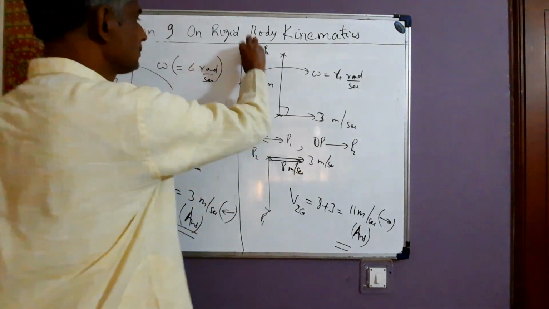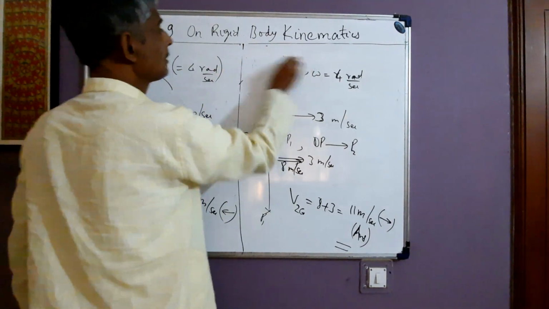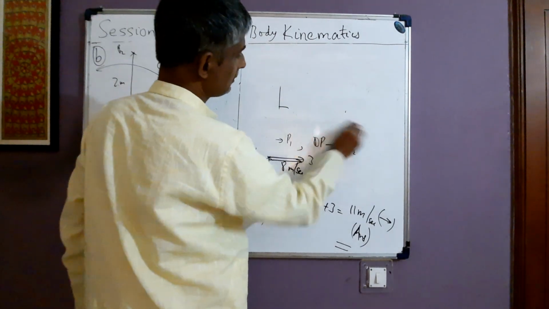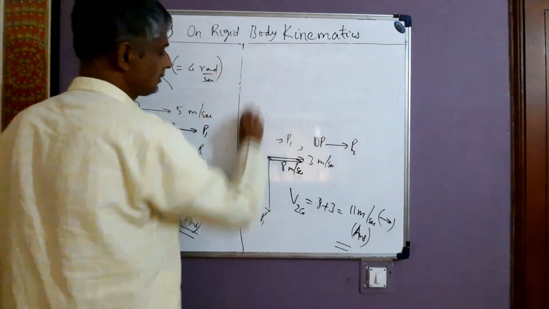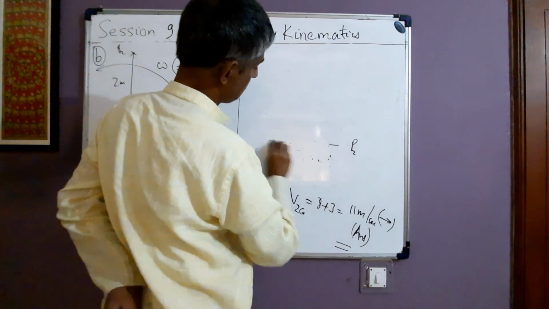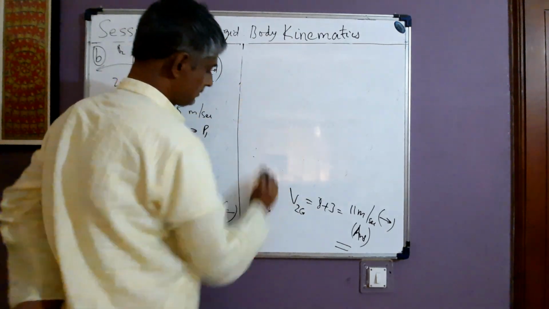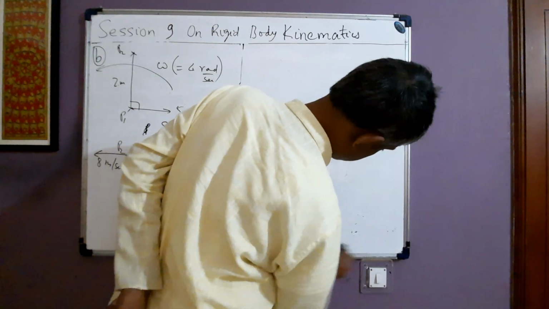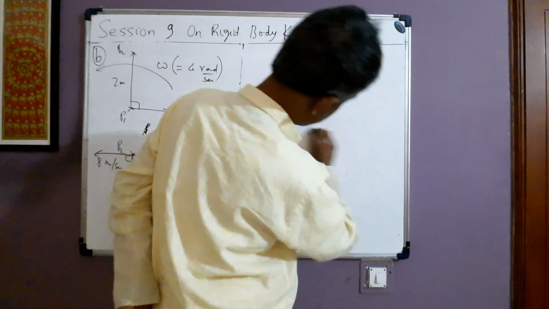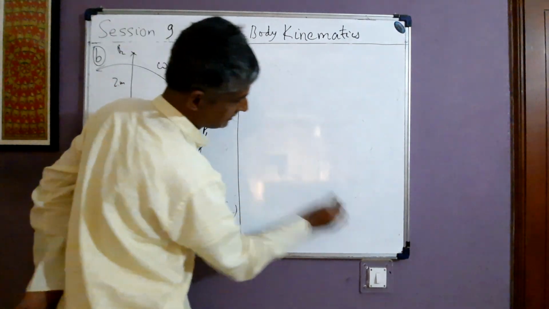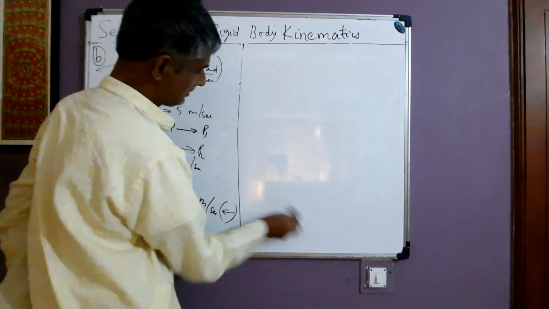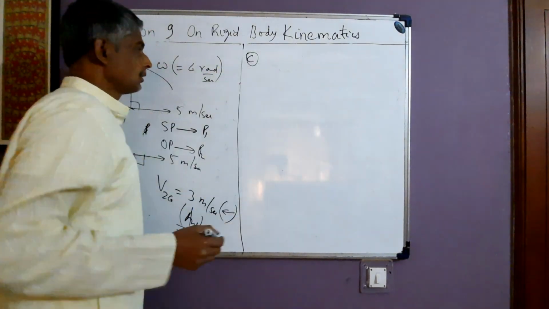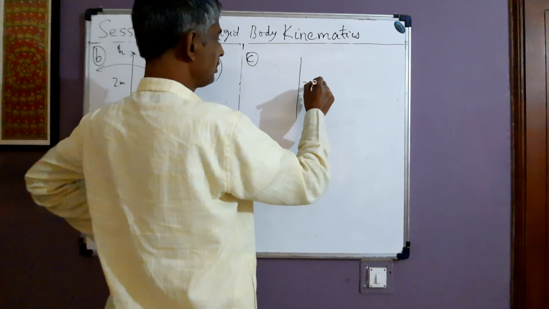Now you have this one. Part C is this. This is a rod, 2 meter.